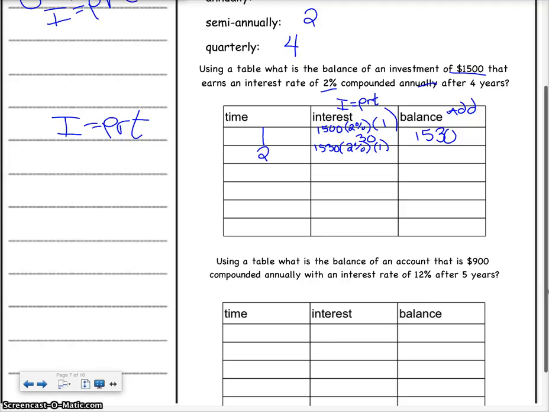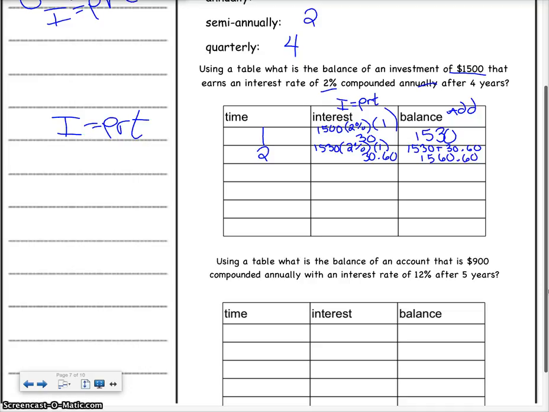So 1,530 times 2% is $30.60. So my new balance is 1,530 plus 30.60, which is $1,560.60.